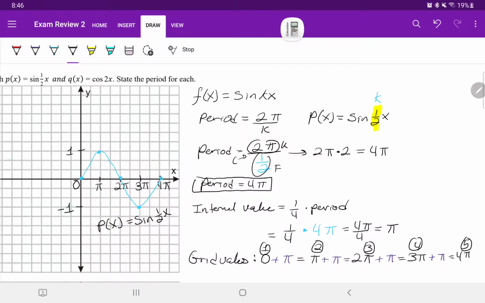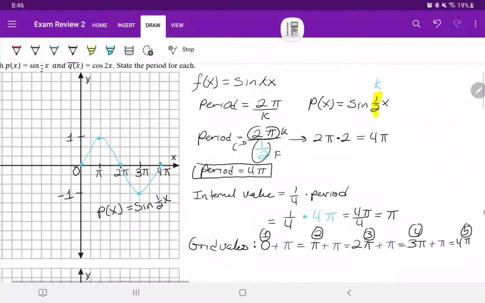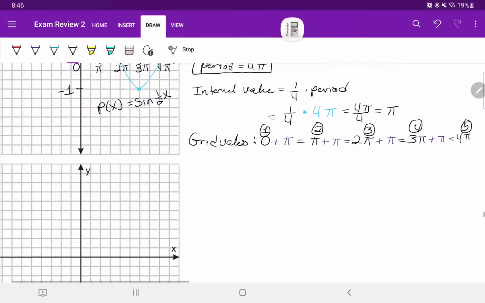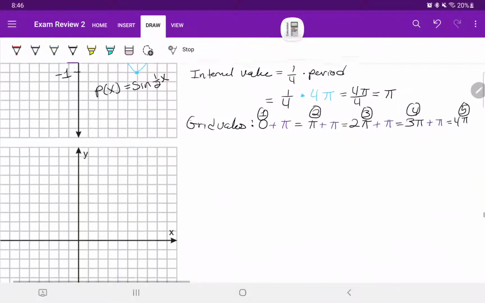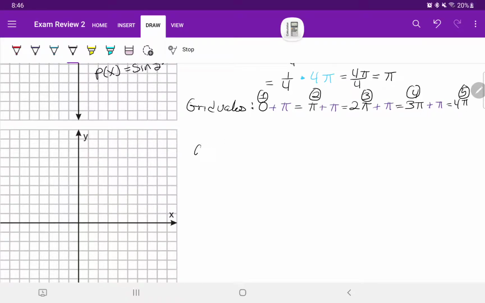Now you do the same thing with the next one. It says cosine of 2x. Q of x equals cosine of 2x. Make sure you have this down as well. So now we're going to find the period.